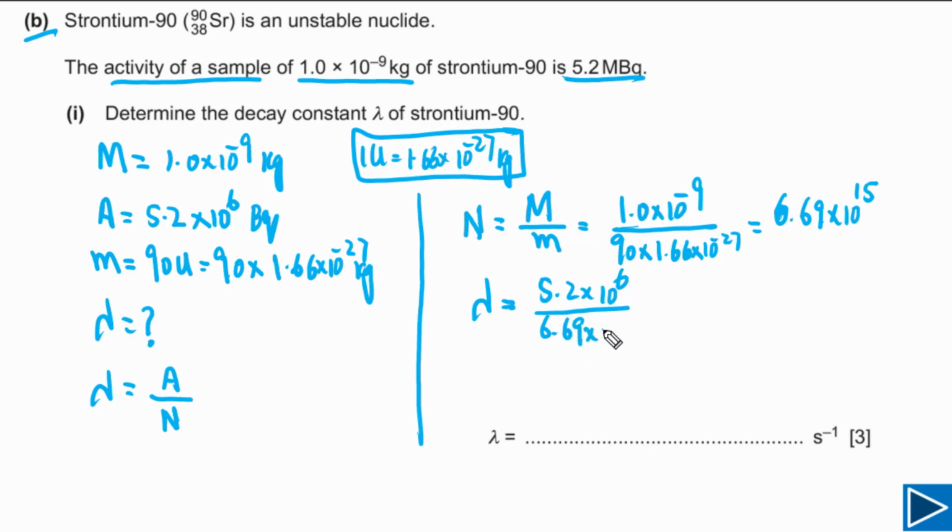Our final answer in this case will be 7.77 times 10 to the negative 10 per second. The unit of decay constant is per second. So we can write our answer to 2 significant figures. Simply we can say this is 7.8 times 10 to the negative 10 per second. So this is our final answer.